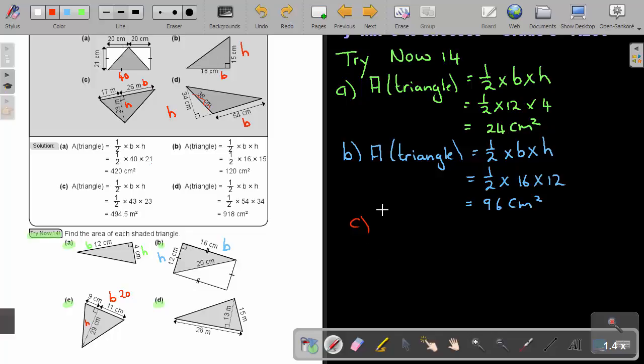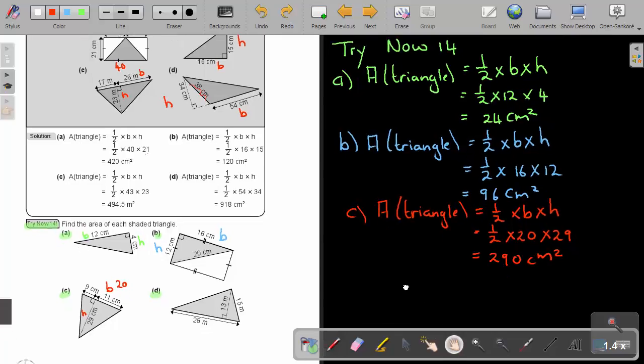So again, the area of the triangle is going to be half times base times height. And that's going to be half times 20 times 29. And that will give me an answer of 290. And that will be centimeter square.